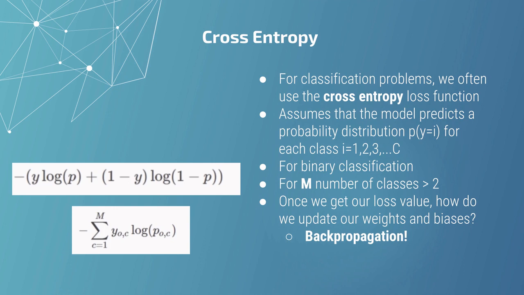But once we have the difference, how do we change our weights and biases to actually reduce that difference? That's where backpropagation comes in, where we go backwards to adjust our weights and biases and tune our models to have a greater accuracy. So you'll learn about that in the next video, and I'll see you guys there.